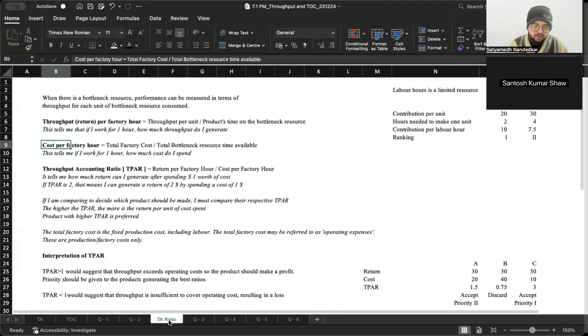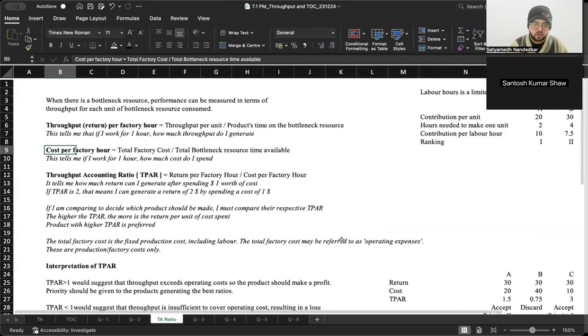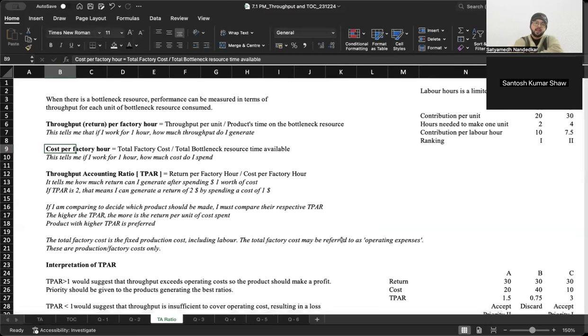Okay, now we have to understand three specific ratios in throughput accounting, which are the throughput per factory hour or the return per factory hour, the cost per factory hour, and the throughput accounting ratio. When there is a bottleneck resource, performance can be measured in terms of throughput for each unit of the bottleneck resource.